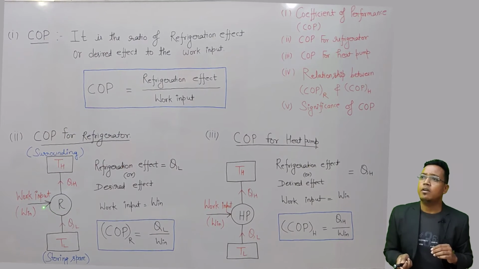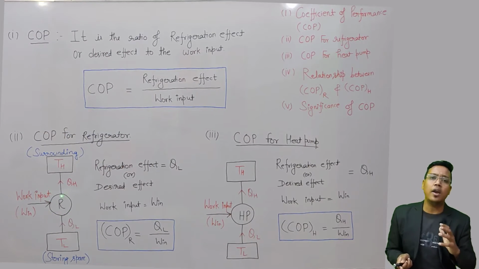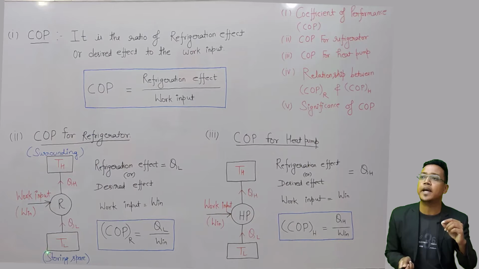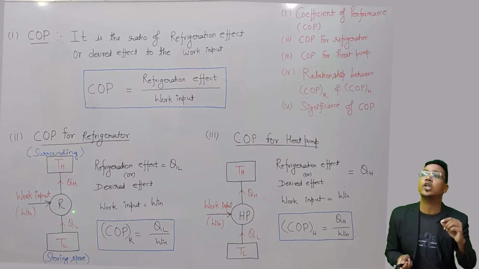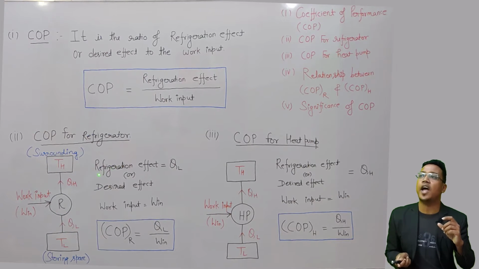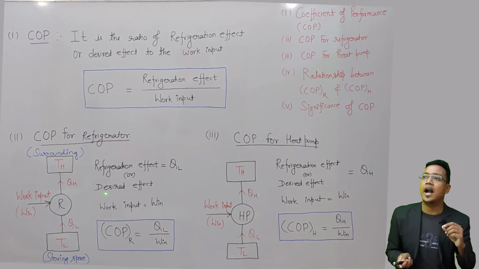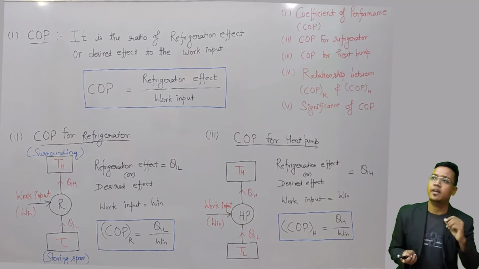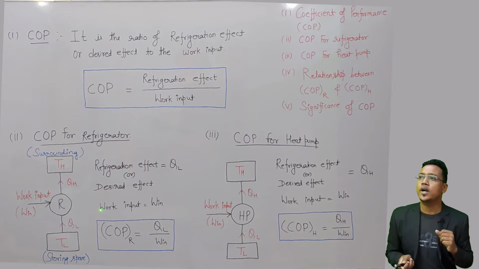In a refrigerator, what is my desired effect or refrigeration effect? I have already told that I have to maintain low temperature TL in a storing space by removing heat QL. This heat QL is the refrigeration effect, or desired effect. Now, what is work input?